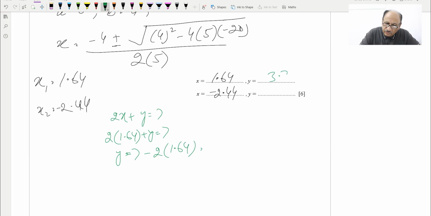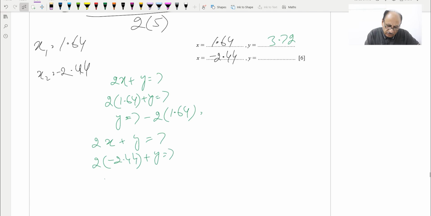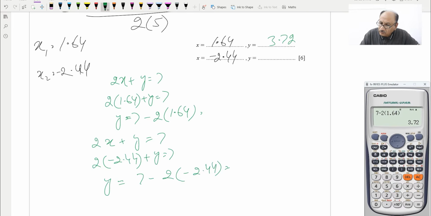So 3.72 will be the first value, and again we can put the second value of x, which is minus 2.44, and plus y is equal to 7. If we shift this, y is equal to 7 minus 2 into minus 2.44, and this will give us the second value.